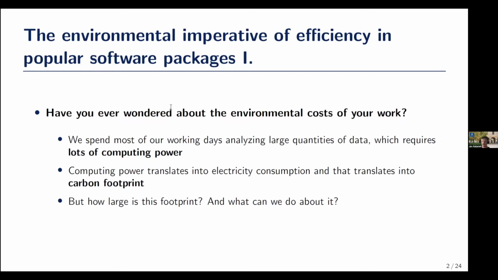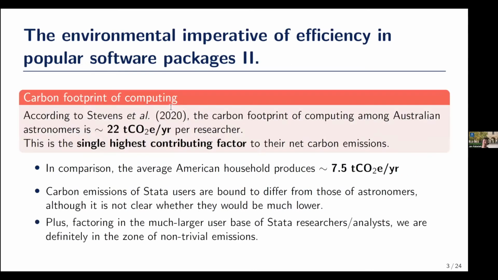And I have to admit that it's not easy to find data on this, but we can look into other disciplines and draw some inspiration from what they have found. So here's a very recent paper by Stevens and co-authors, which appeared in, I believe, Nature Astronomy. This paper assessed the carbon footprint of Australian astronomers.